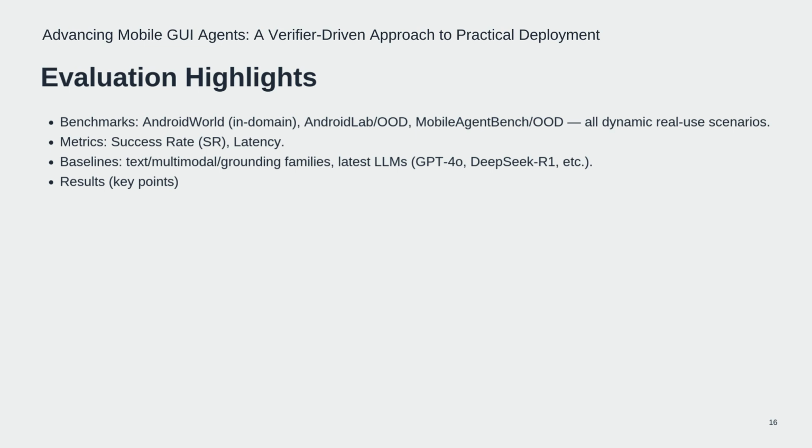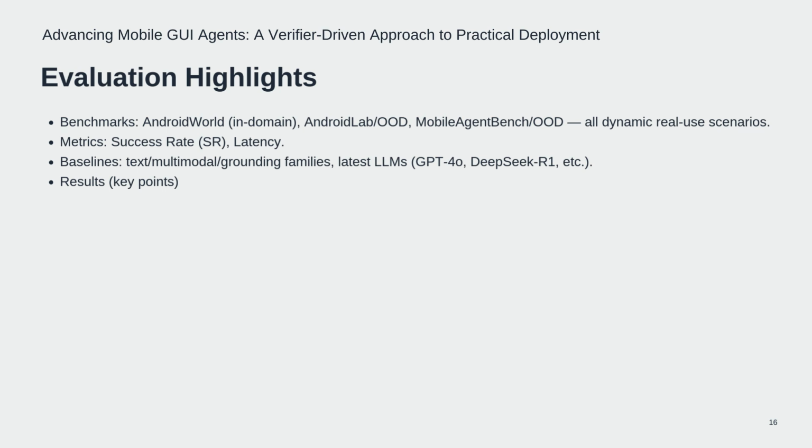Metrics: the primary metrics are success rate, the percentage of tasks the agent completed successfully within a time step limit, and latency. They use baselines from text, multimodal, and grounding families, including LLMs like GPT-4o, DeepSeek R1, etc.